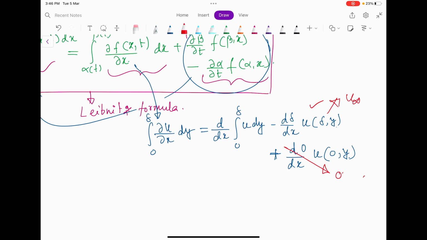So I have here u infinity into d delta dx, right? So just let me check it. I don't think this should be like this.